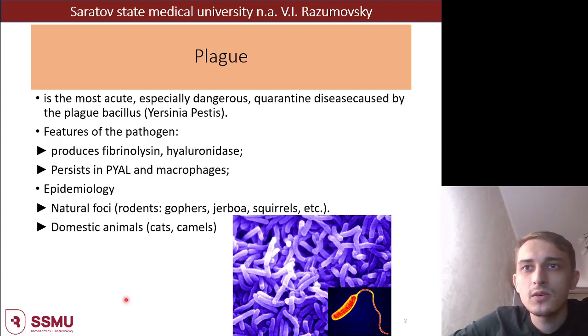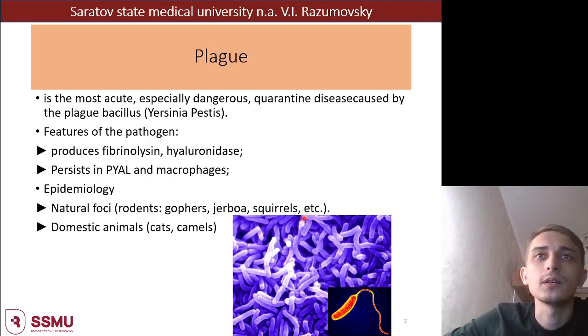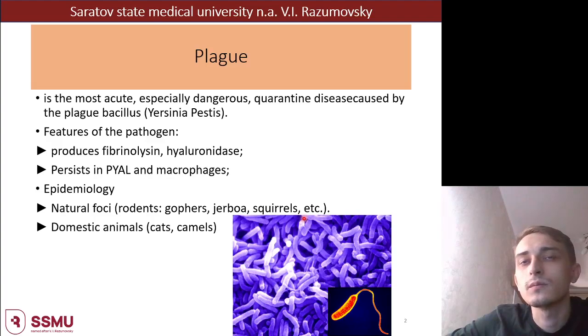So you may see Yersinia in this part of the slide, and it's really important to know that it's a really life-dangerous disease, and you should take any steps for quarantine and to isolate patients with plague.